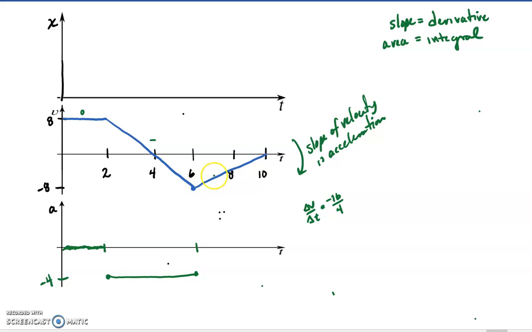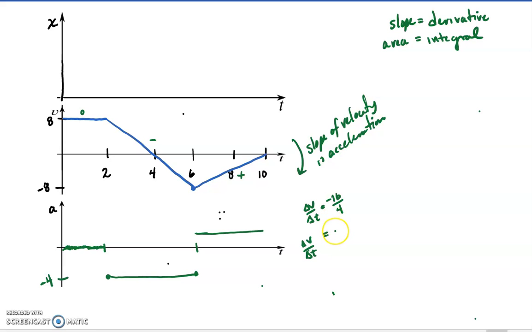Then the last segment, if you look, we have one last segment here. This is a positive slope, a positive rate of change, but it's definitely smaller than the first one. I know that it's positive the entire time. And again, we want to get the numeric value for that. Using the same setup, change in velocity over change in time is my acceleration.